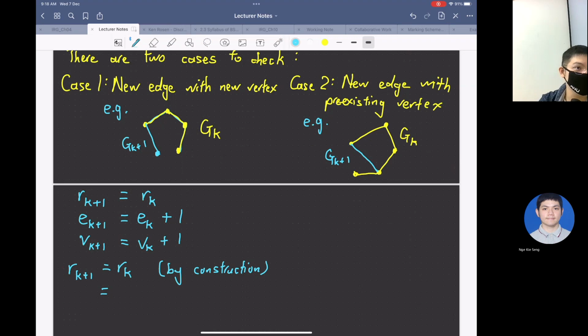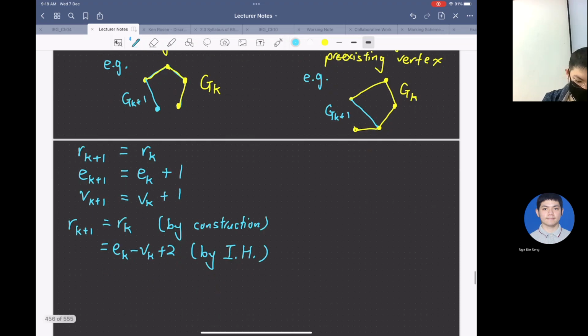RK is equal to EK minus VK plus 2, by the inductive hypothesis. And then EK is equal to EK plus 1 minus 1, and VK is VK plus 1 minus 1, by construction.